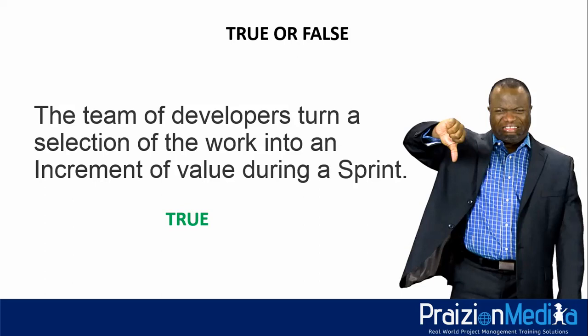The more proper way of saying it could be the Scrum team. So if you wanted to go Puritan on me, you might say, oh, it's the entire team. And that's debatable, because it's the Scrum team, which consists of developers, the product owner, and the Scrum Master.